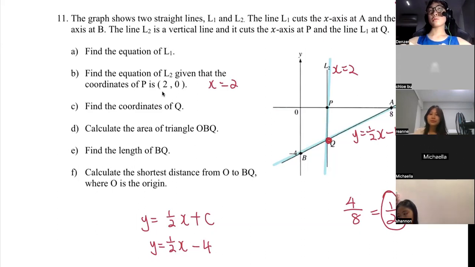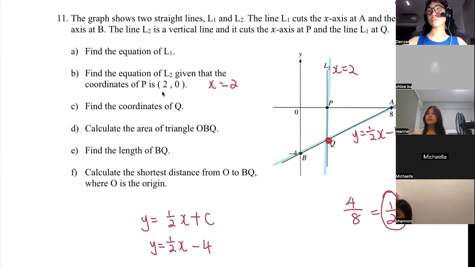Correct. So the point of intersection, how to find? Think about what we learned in Sec 2, the first few chapters.